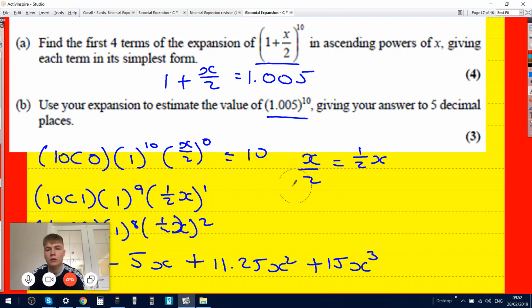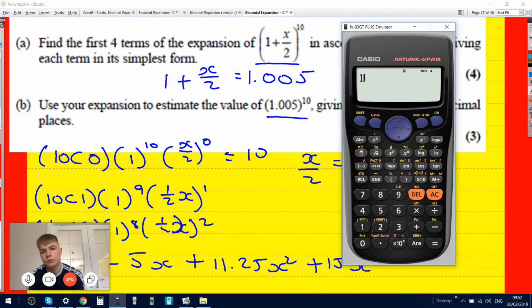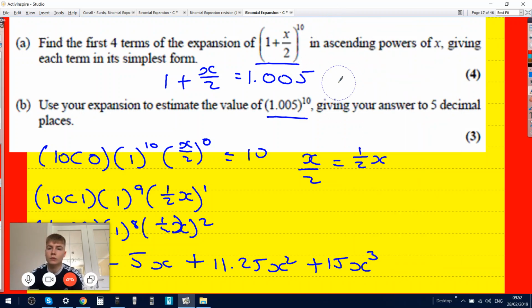Yeah. What would you do to get x? Carry the 1 over. Yeah. And so that's just 0.005. Yeah. And then times through by 2. Yeah, 2. And so x equals 0.01.